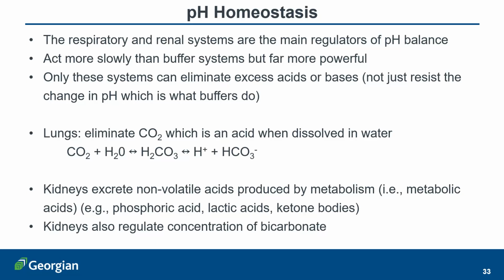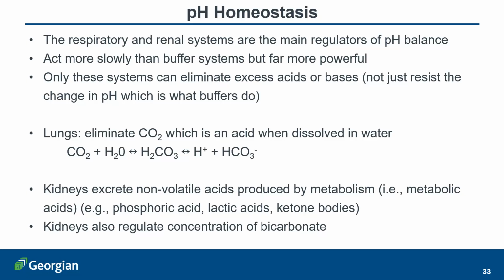There is a fixed amount, or rather a range, of CO2 in blood, and that range will ultimately partly determine the overall pH of blood. If CO2 is not within that range, then the pH of blood is not going to be within that range. So the respiratory system works toward eliminating CO2, which is the main respiratory acid, the main volatile acid.